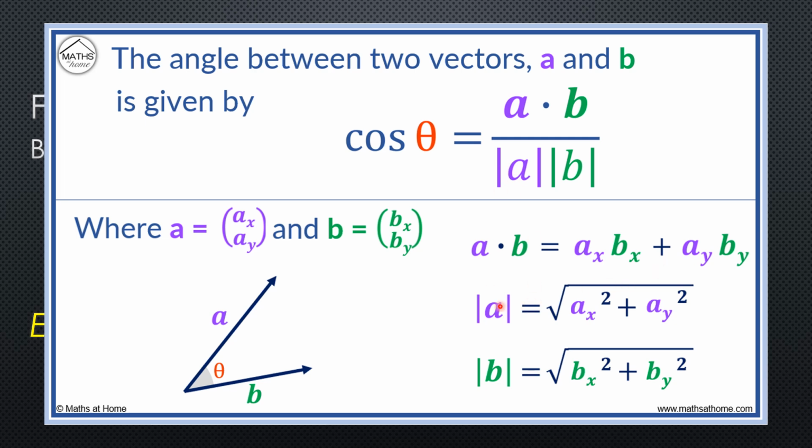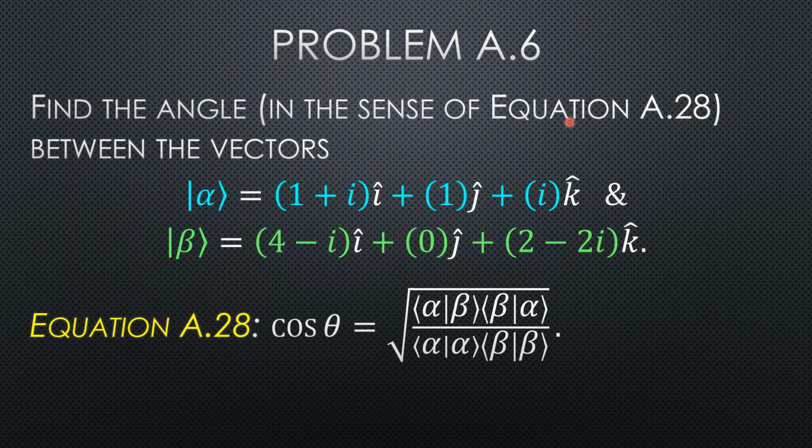And then meanwhile, we see that these magnitudes are the square root of each component squared, which looks just like the dot product of the vector with itself, i.e. alpha times alpha, i.e. alpha alpha in the inner product. So you may recall that from equation 8.28 we had a square root over all of it. Well, this A dot B here can be squared in the magnitude and put inside the square root.